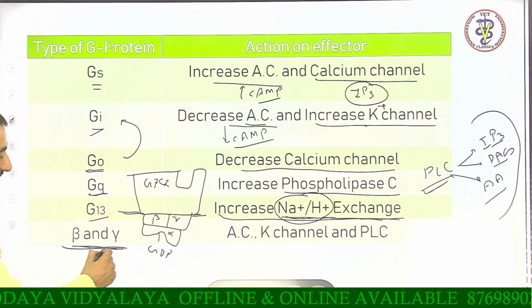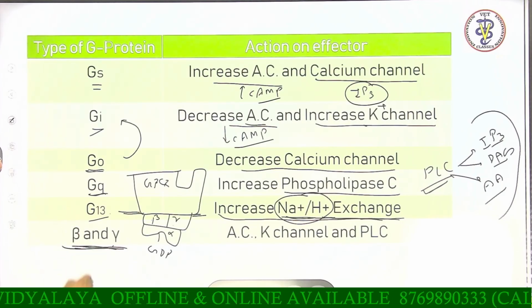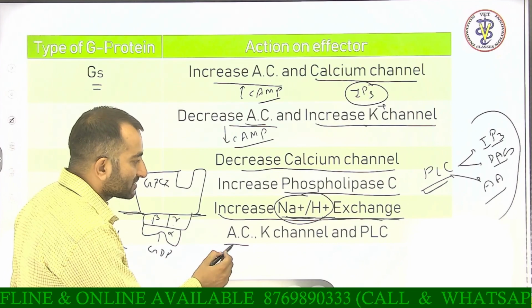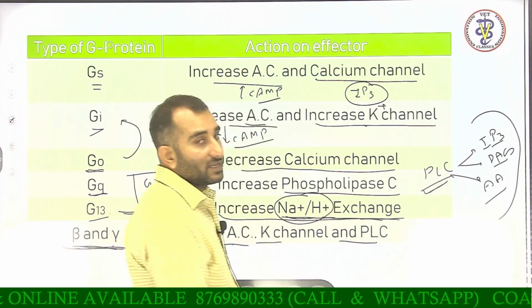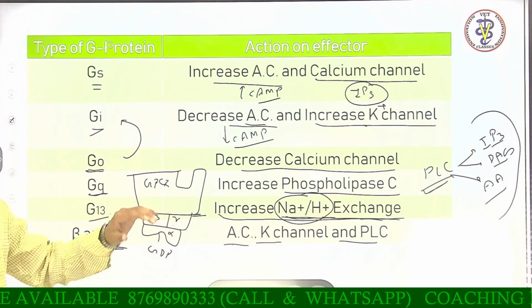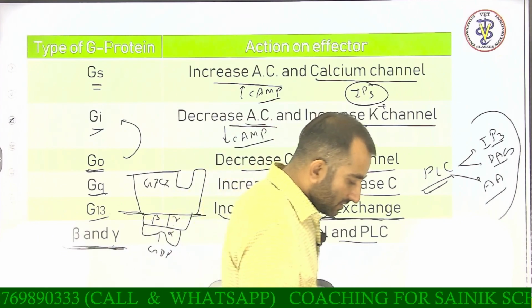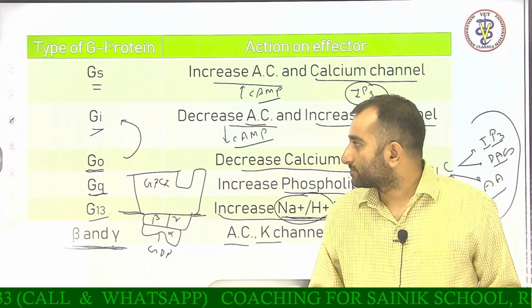So what is the work of beta and gamma protein? Beta and gamma surface protein slightly modulate adenylate cyclase, potassium channel and PLC, all three mechanisms, but in a minor manner.